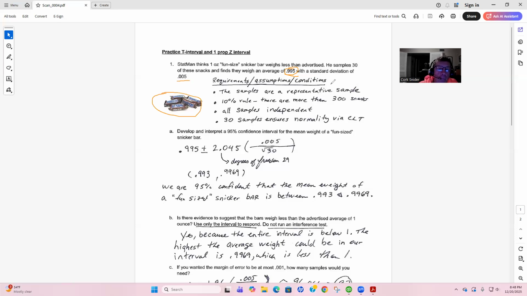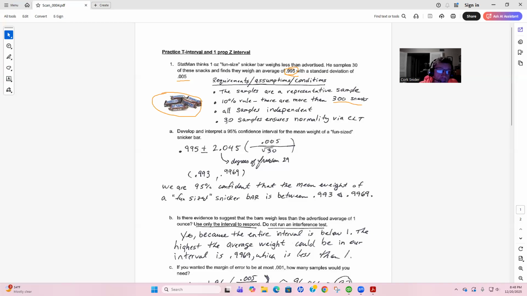Okay. So the requirements, assumptions, conditions for this: the sample is a representative sample. For the 10% rule, there are more than 300 snacks, because you shouldn't sample more than 10% of the population. Obviously, there's millions of these little snack things. All samples are independent.